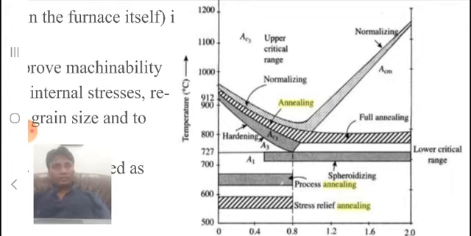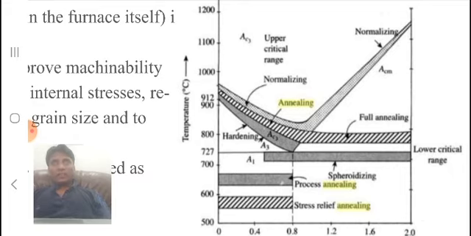I repeat, annealing or full annealing is the same, and this annealing is nothing but heating the hypoeutectoid steel above the A3 line and heating the hypereutectoid steel above the A1 line, and slowly cooling in the furnace itself gives a pearlitic structure.